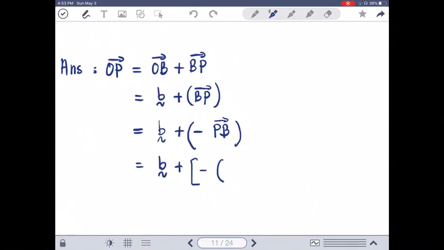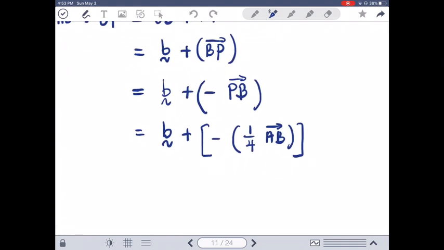So 1 over 4 of vector AB. So equals to B plus minus 1 over 4 of vector AB.